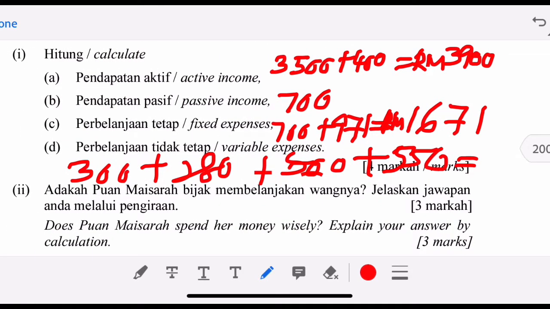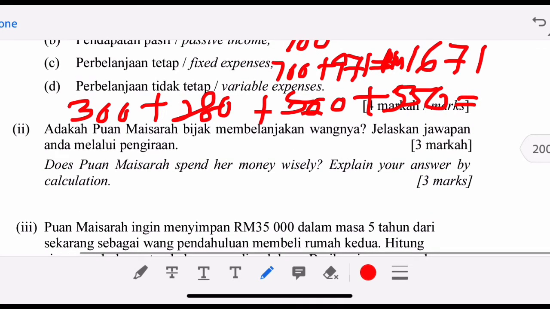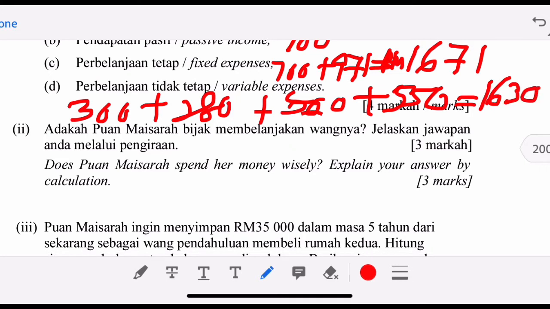If you add up all this, the answer is 1630. Okay, so the variable expenses is ringgit Malaysia 1630. Better write ringgit Malaysia 1630.